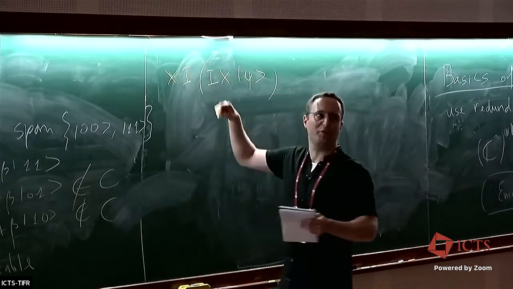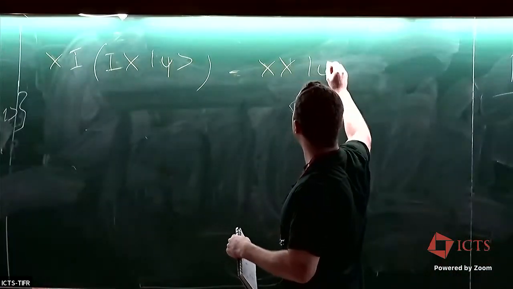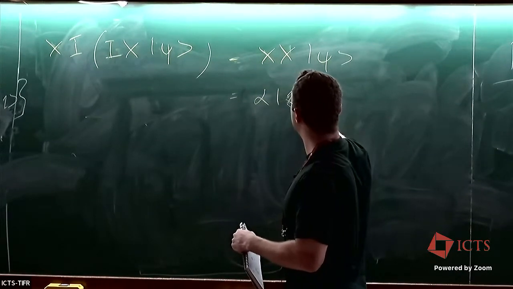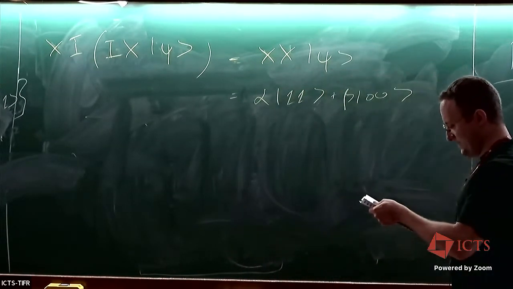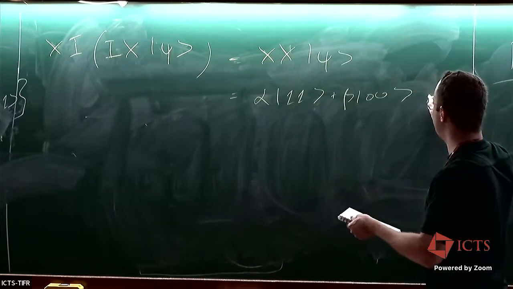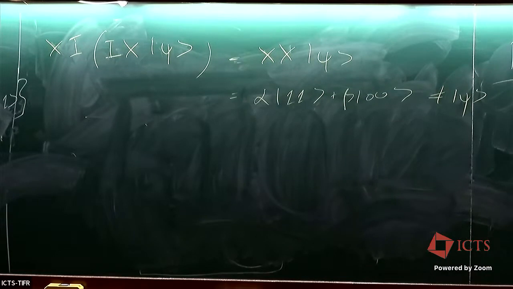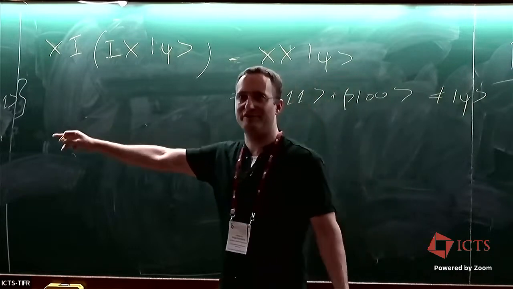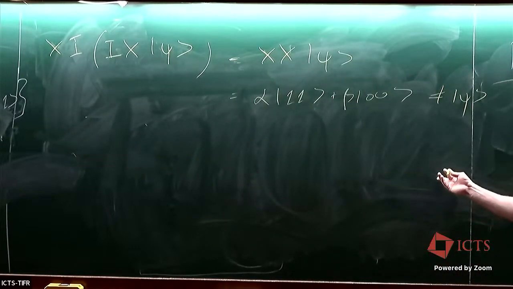So I correct it with the wrong one. And now I get XX on ψ, which equals α|11⟩ + β|00⟩. Well, the problem is this does not equal ψ. I have lost my information. I have applied a logical bit flip on my original qubit. And so this error correction didn't work.